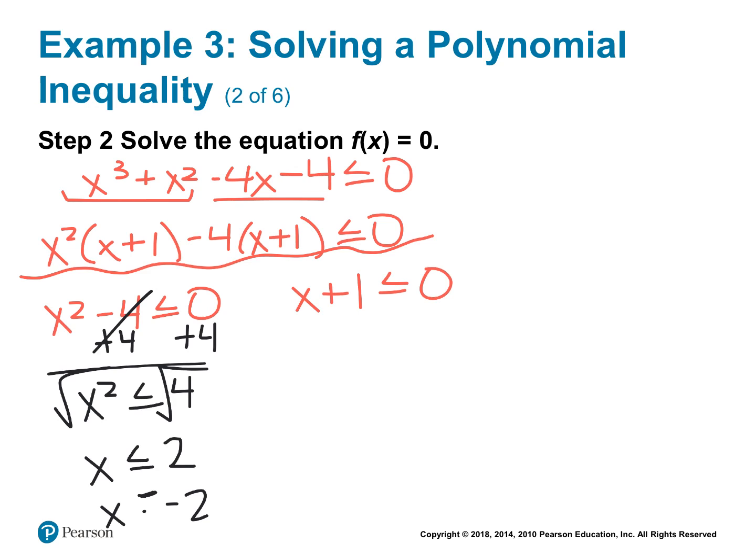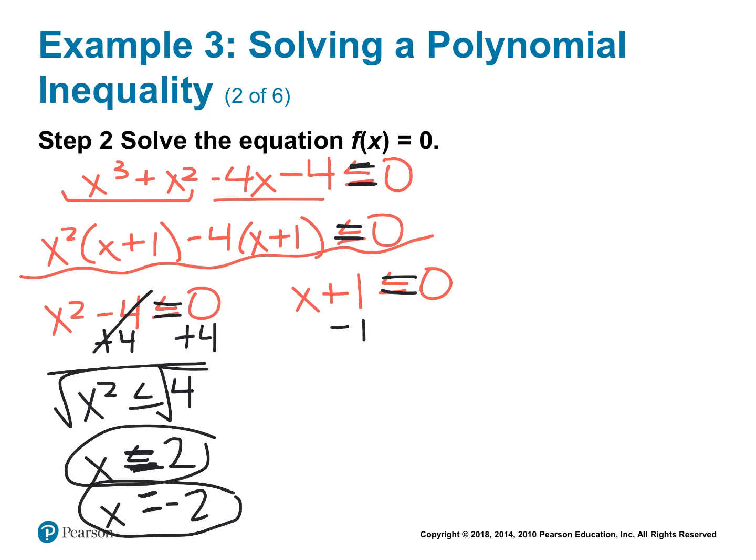Now really we could have changed these all to equal signs, so let me go ahead and do that. We don't have to worry about the inequalities right now. So we'd have x equals 2, x equals negative 2. Go ahead and change this. Minus 1, x could be negative 1 as well. So we have 3 different solutions on this one.